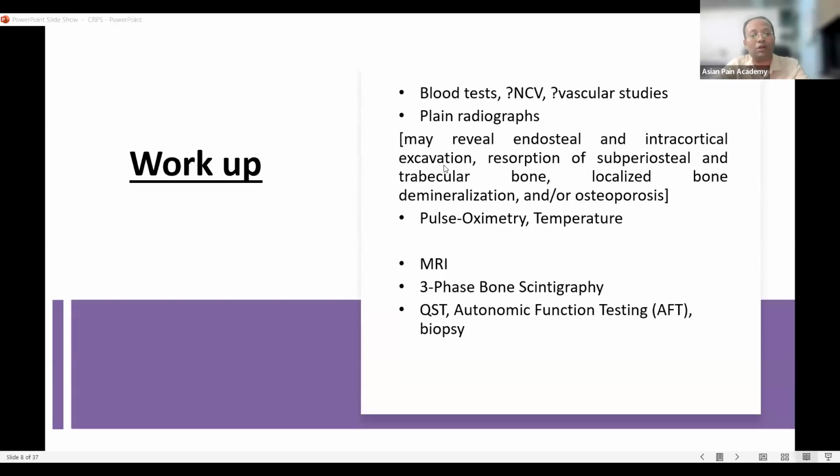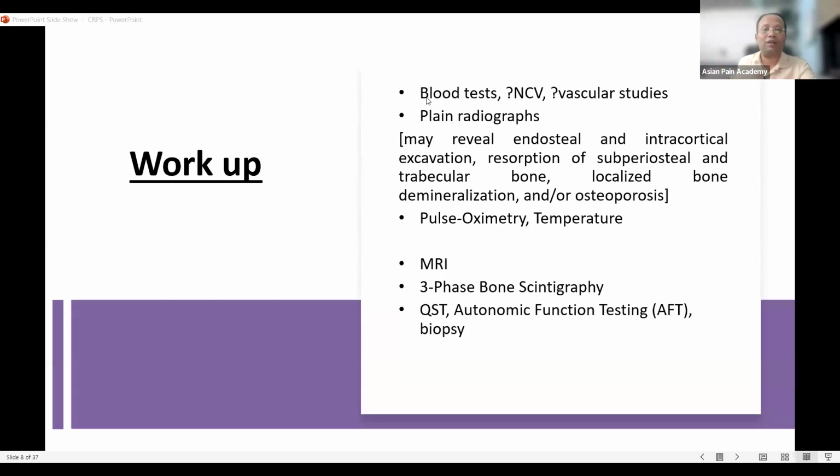So first, we want to see if it matches with any, which gives corroborative evidence for another diagnosis. And second, if it gives any indirect evidence of CRPS. Otherwise, CRPS does not have direct evidence. There is no investigation which can directly say that it is a case of CRPS.